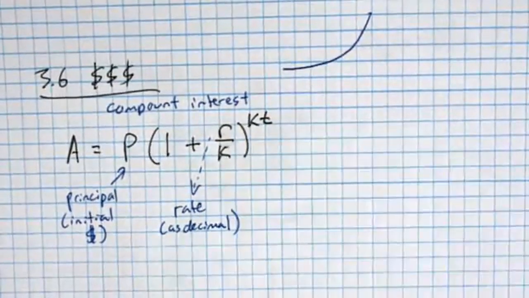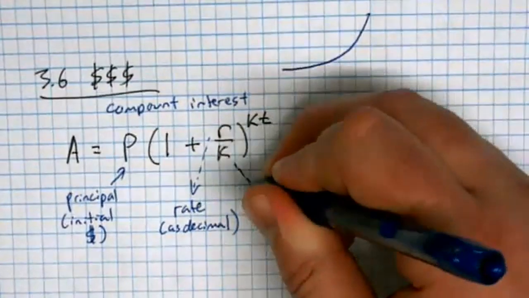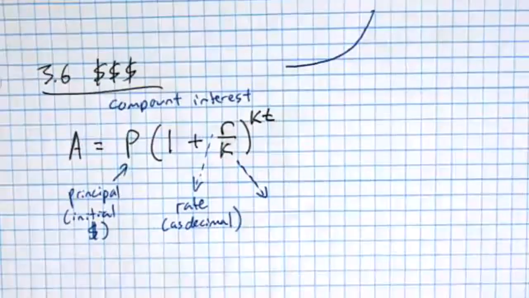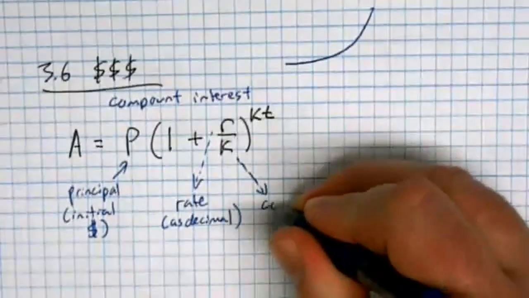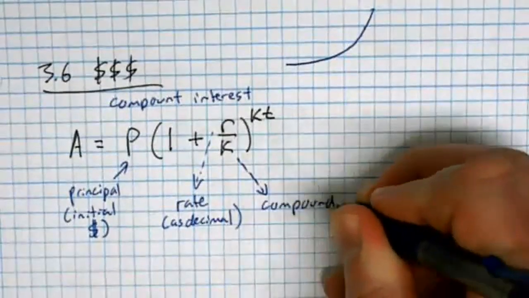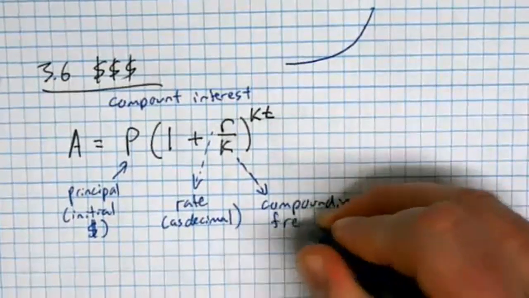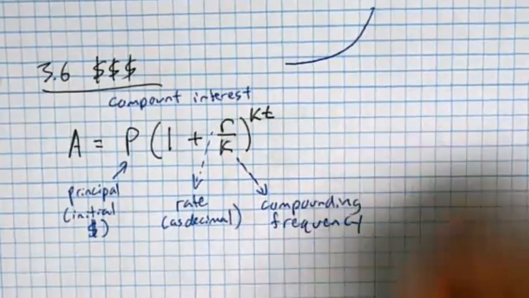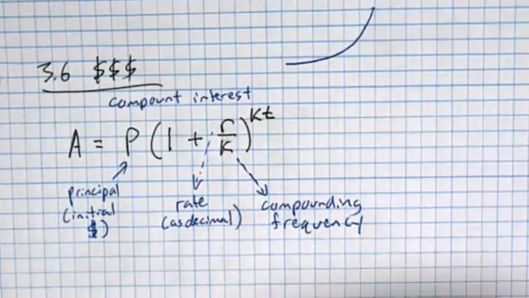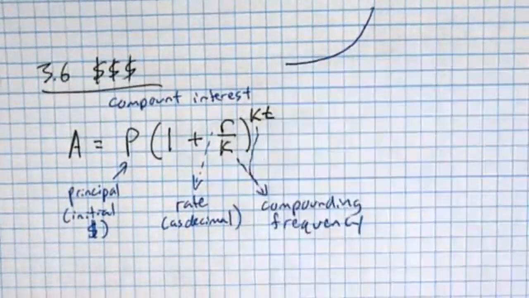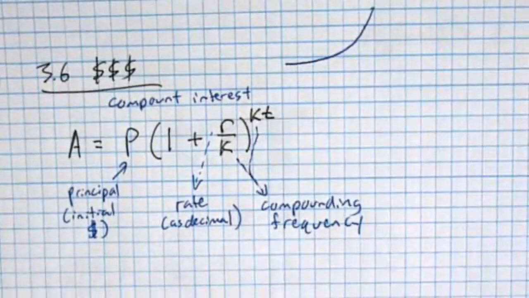So like 6% would be 0.06. K is your compounding interval. Actually, compounding frequency. That's what both of the K's are, yes. And this is relative to a year.